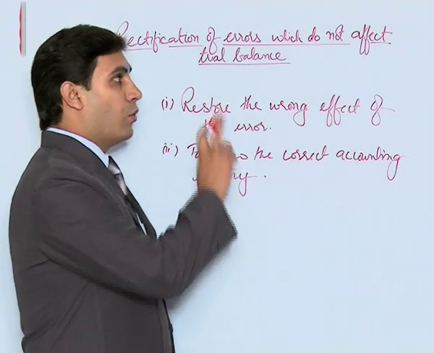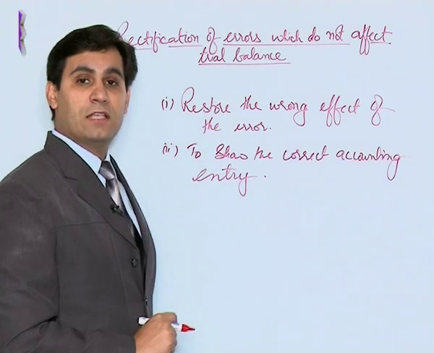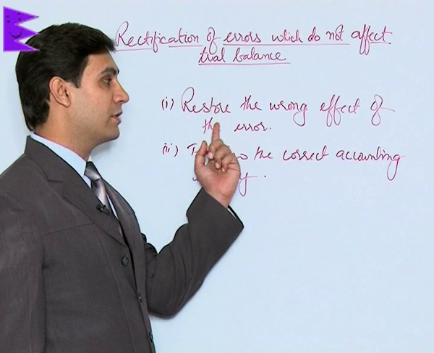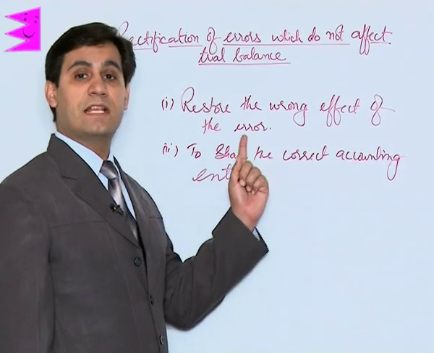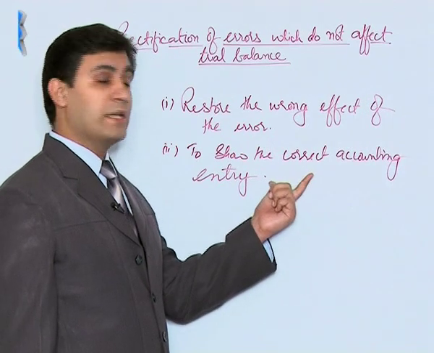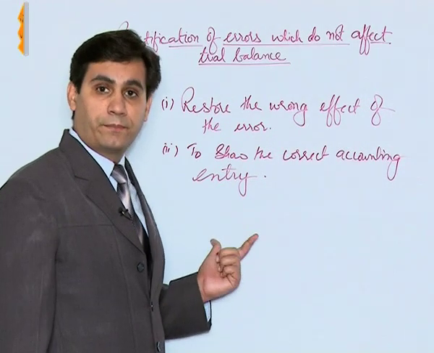So now, how do we rectify? First one being that if any wrong entry has been done, then we must try and restore the wrong effect that has been done. And the second step is, once this has been restored, you must proceed to make the correct accounting entry.